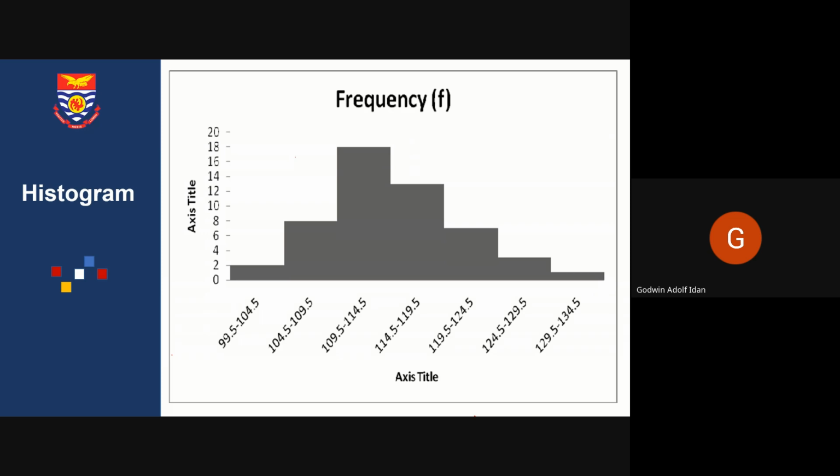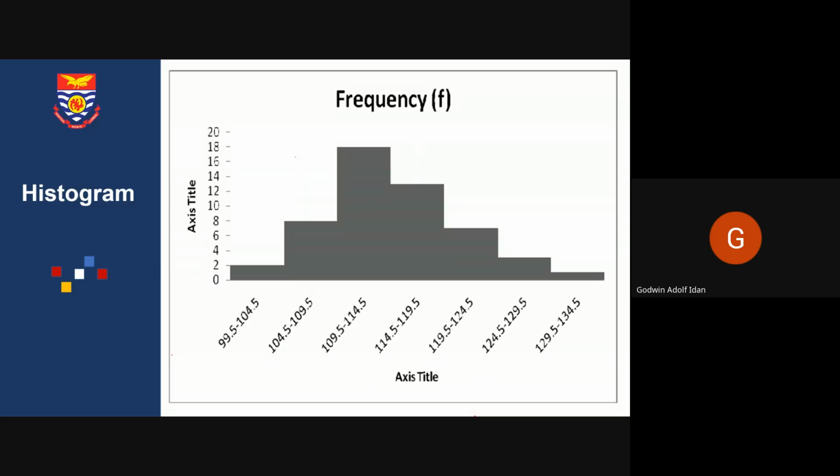However, the bars are separated from one another using the class limit. I recall stressing that for a bar chart, we plot the frequencies of the data against the class limit. And it is usually used for qualitative data.